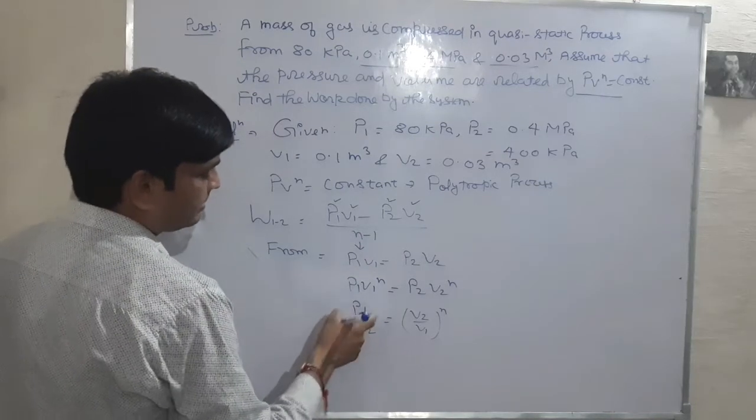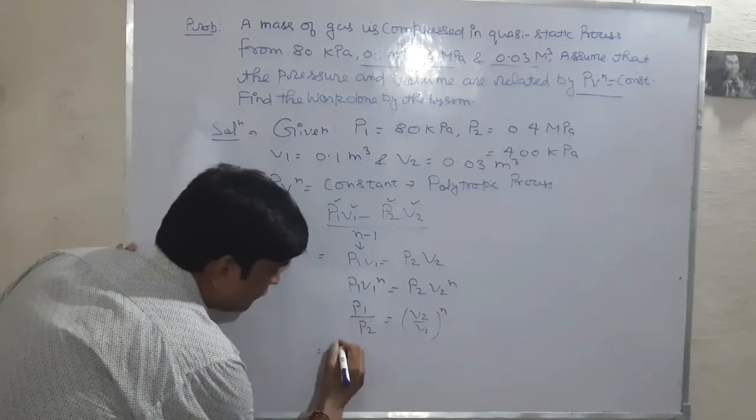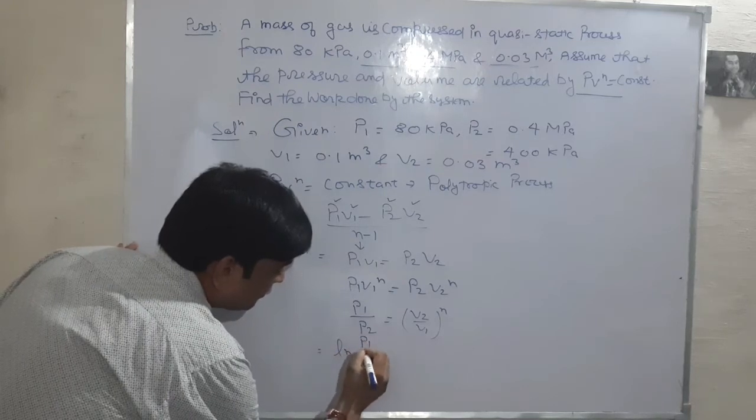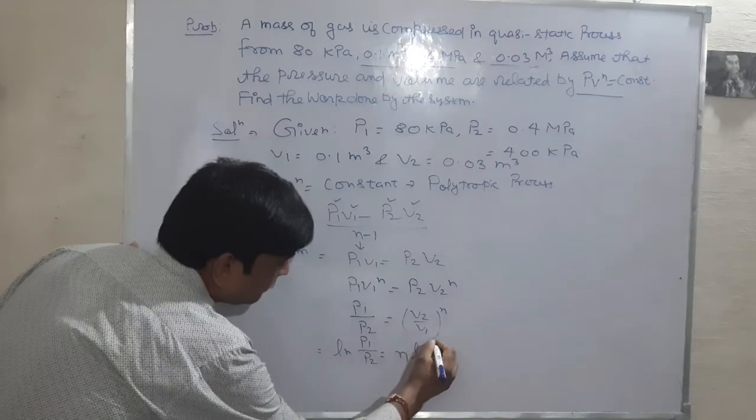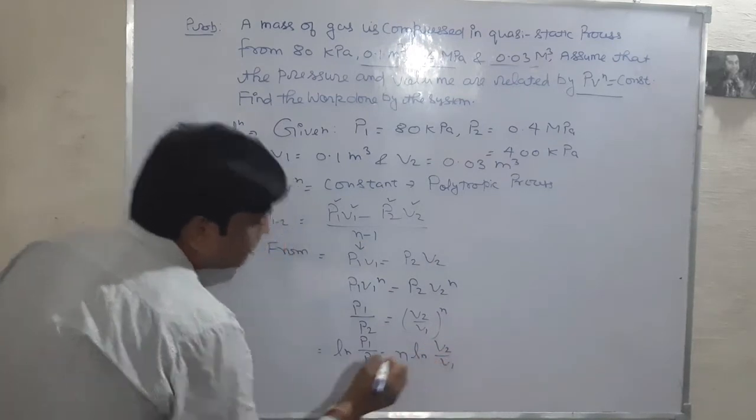Taking log on both sides, ln P1 upon P2 equal to n ln V2 upon V1.